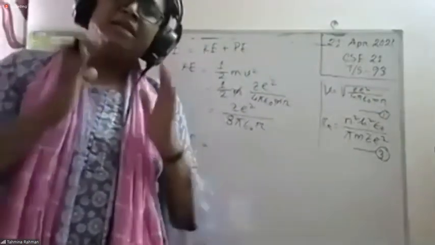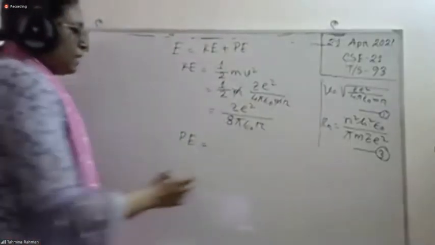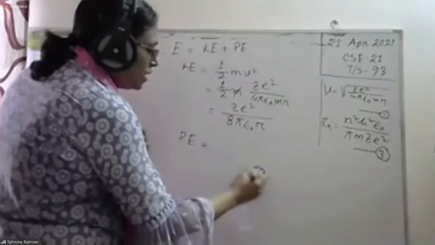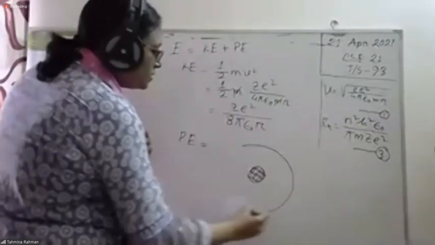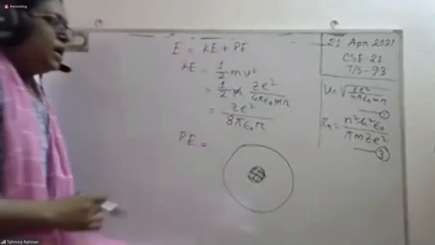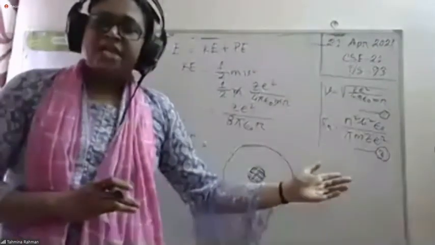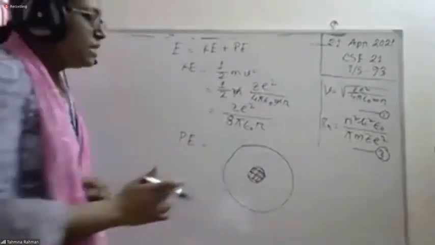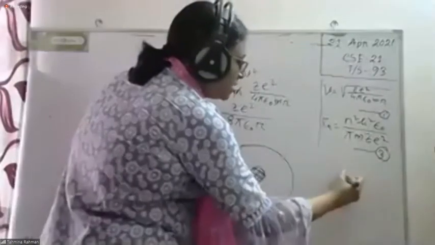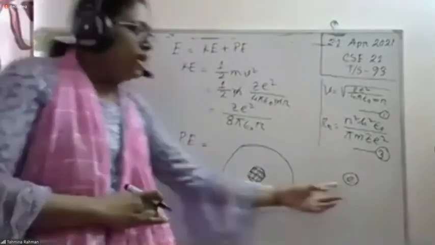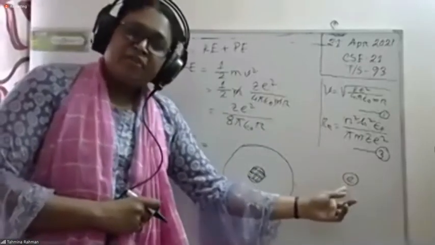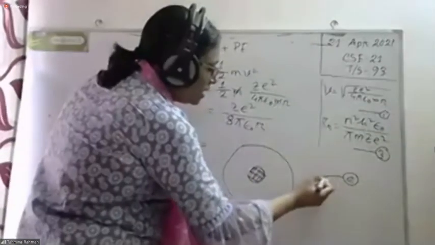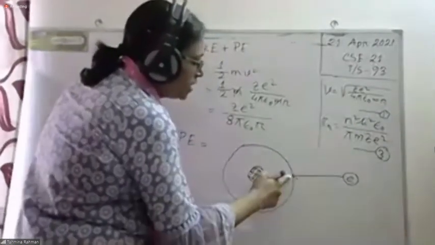Here is a nucleus and this is the orbit. Now if you want to calculate the potential energy, you have to calculate the work done to bring one electron from infinity into the orbit. This is the radius.